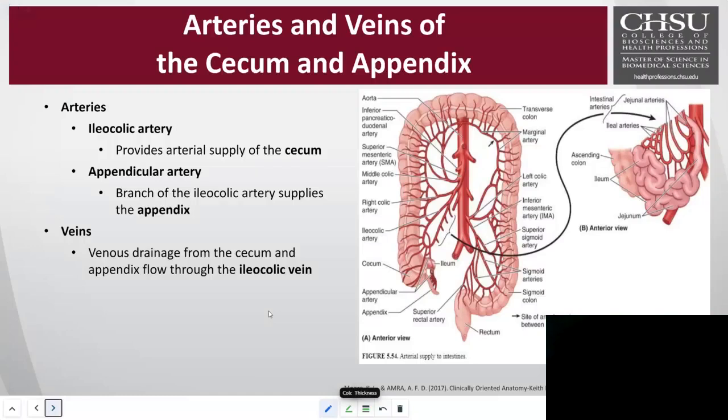So what I want to show you here is the key. I'm gonna zip through some of the arteries because I have a nice chart that overlays which ones go where. But the artery for the cecum and appendix is going to be your ileocolic artery. It overlaps with the cecum, and it also has a little bit of your descending colon as well, so there's a little bit of branching there. And then the appendix is dedicated to the appendicular artery.